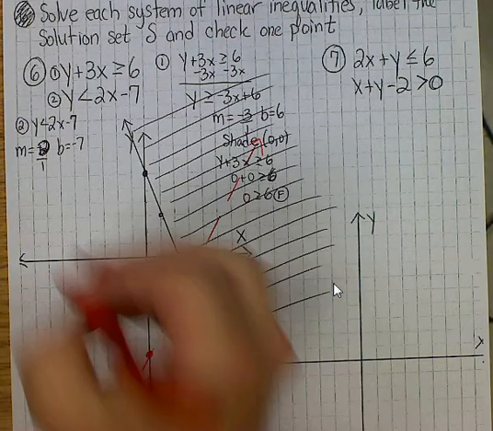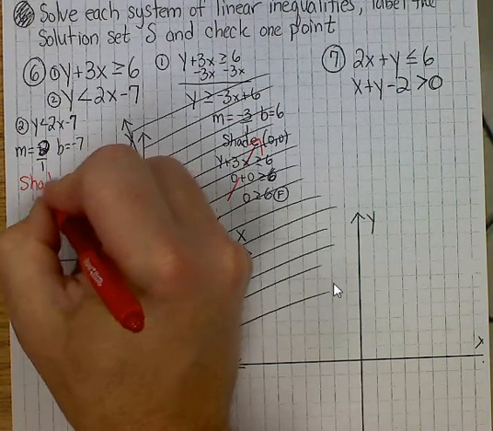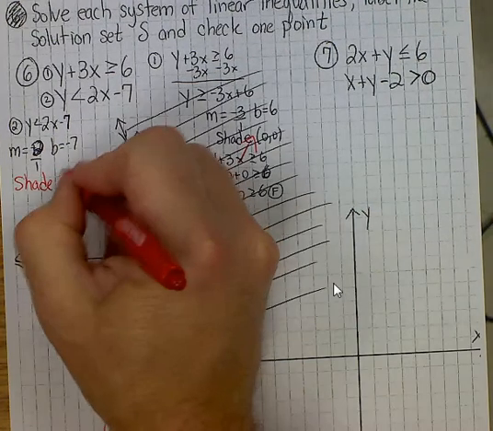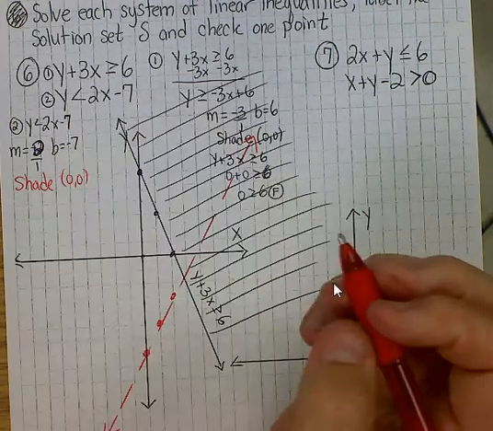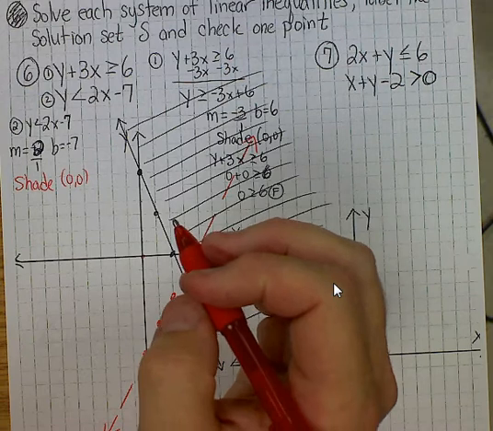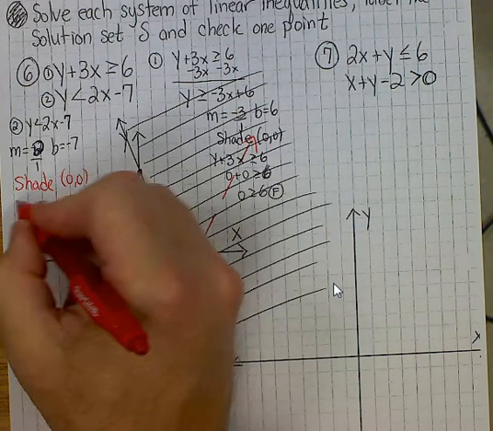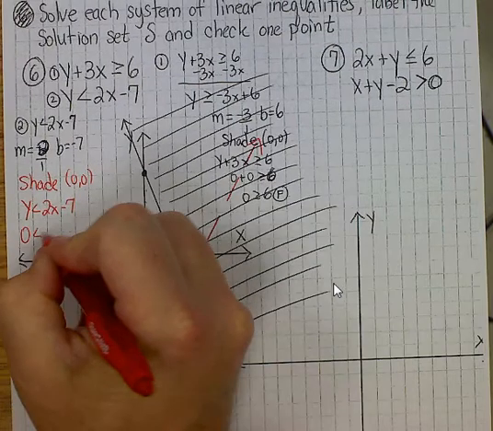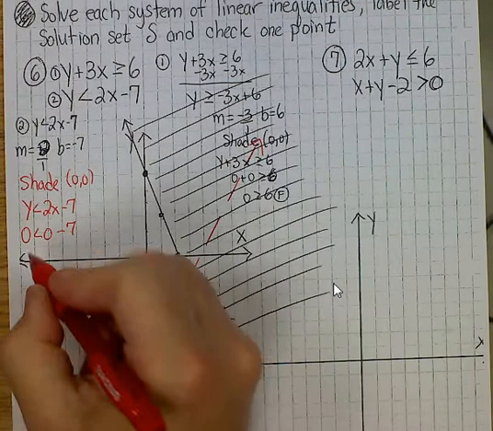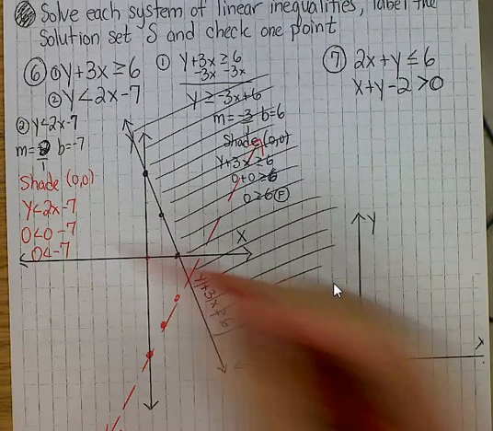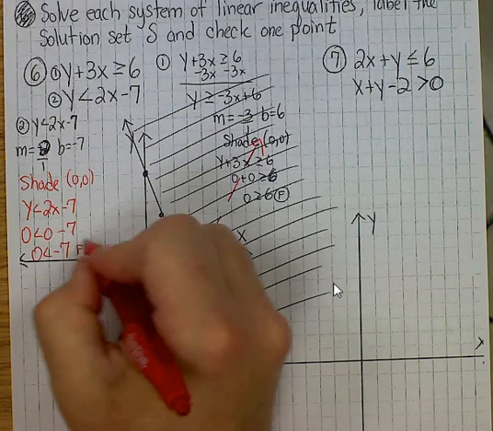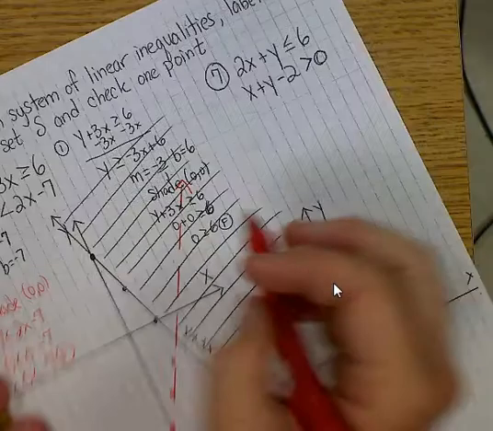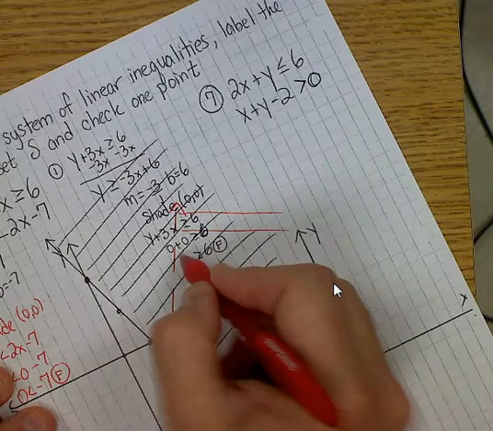I'm now going to try to figure out where the shade is going to be for this one. Again, you can pick the point 0, 0. It's definitely on one side of the line. We are going to write the equation down: y is less than 2x minus 7. Plug 0 in. So is 0 less than negative 7? And that's false. So I'm going to shade the side that 0, 0 doesn't come from, and that's going to be this side here.